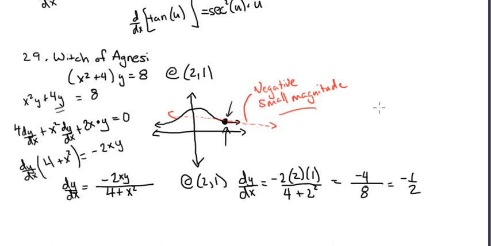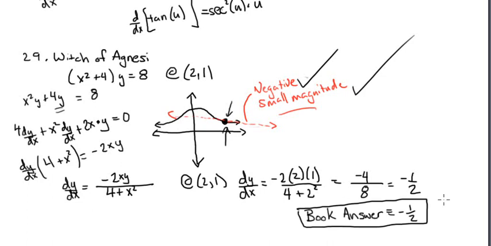Okay, it's negative and small in magnitude. Well, anything less than 1 is probably what I would consider, at least at this scale, small in magnitude. So I got pretty good touchy-feely about this. So if you check in the back of the book, it gives you a very unceremonious negative 1/2. So it matches what we found, and that's number 29.